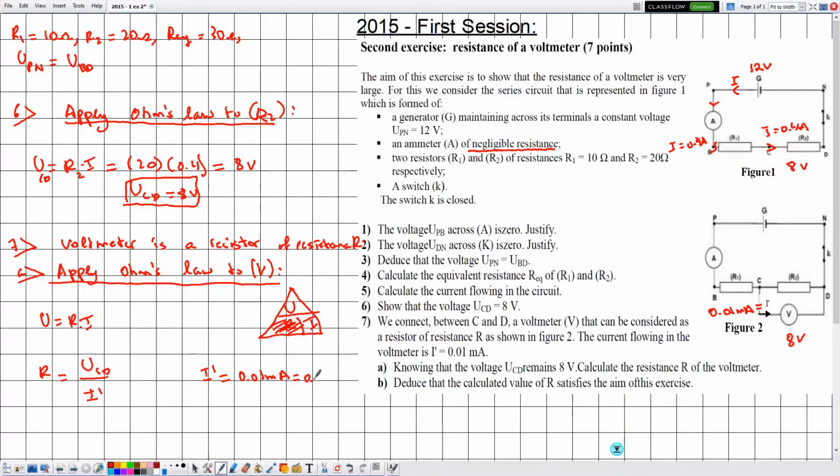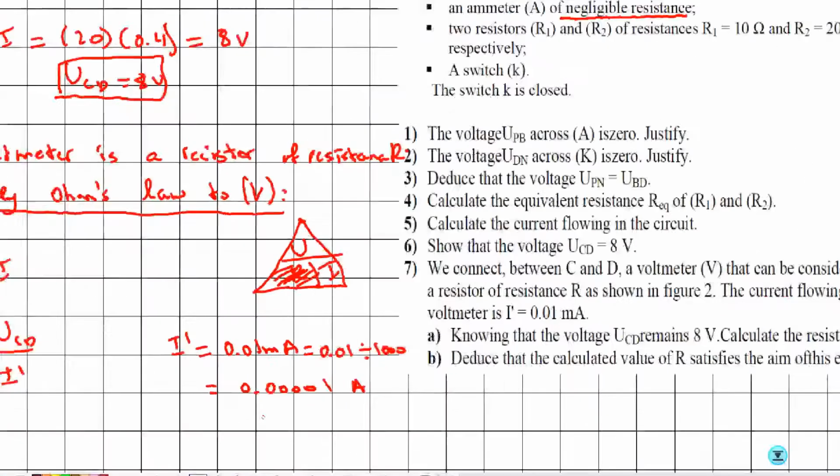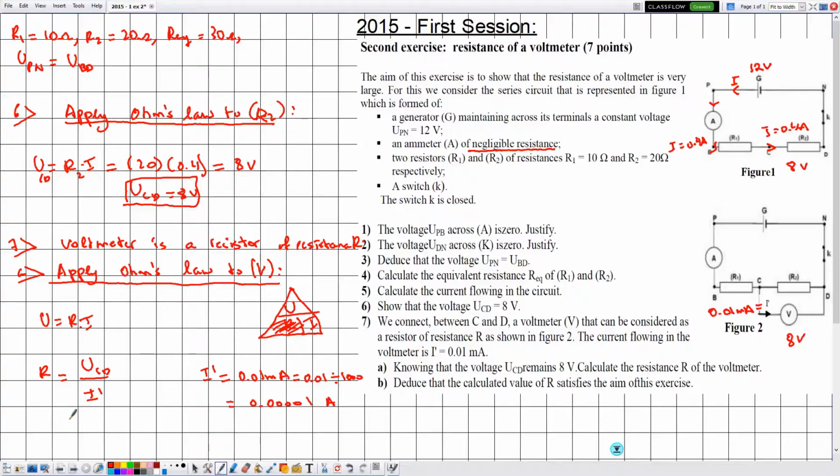Then dividing 0.01 by 1000 will give us 0.00001 amperes. So here we have 4 zeros. Then the value of R is given by 8 divided by 0.00001. Then plugging this on the calculator will give us 800,000.